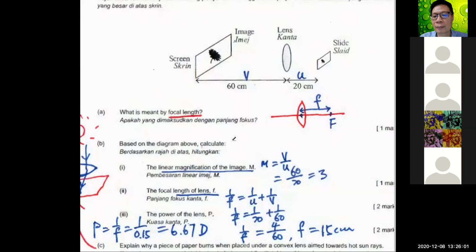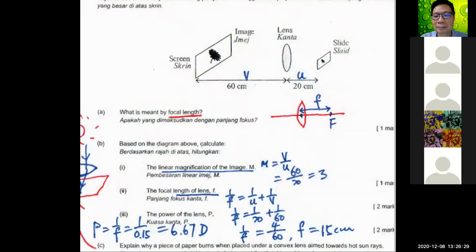Now I want to ask you all one question. If you get the answer linear magnification M is 3, this means what? What is the meaning of linear magnification is 3? Can you all explain or not?